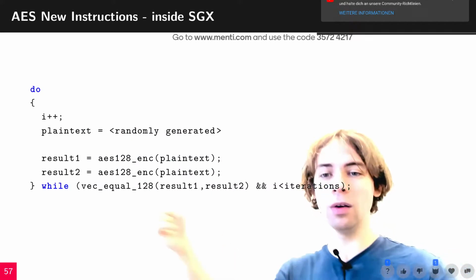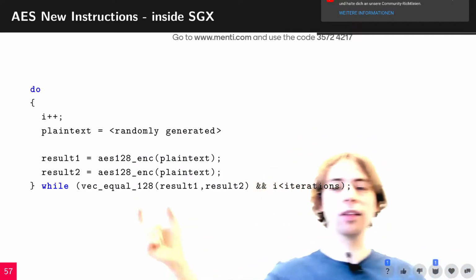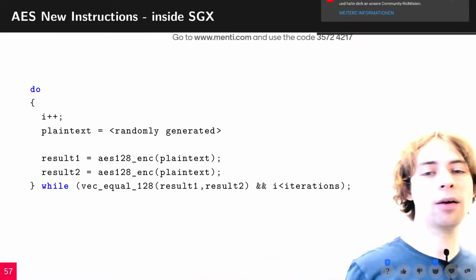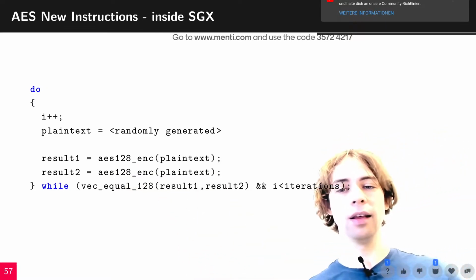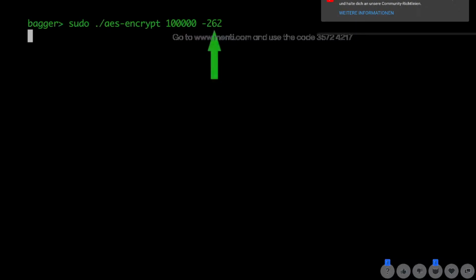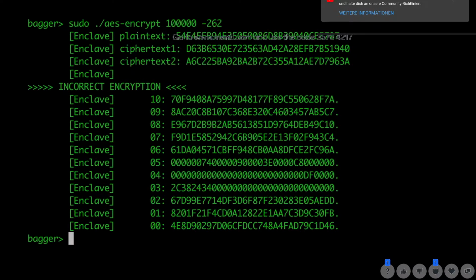So there again, we use the recommended instructions and we encrypt a plaintext 2 times, and then we check whether the result is the same, just to check whether it's faulty. And we run this inside SGX actually, so that's the enclave of Intel.